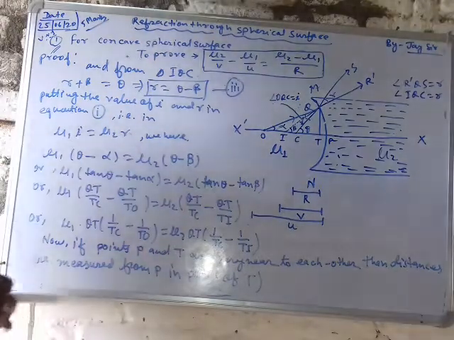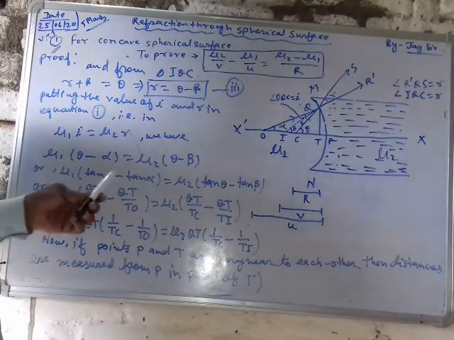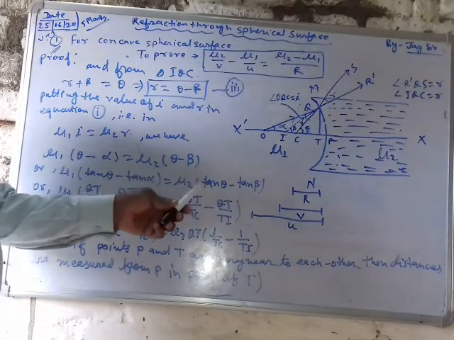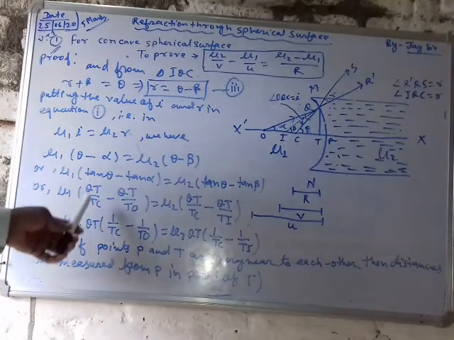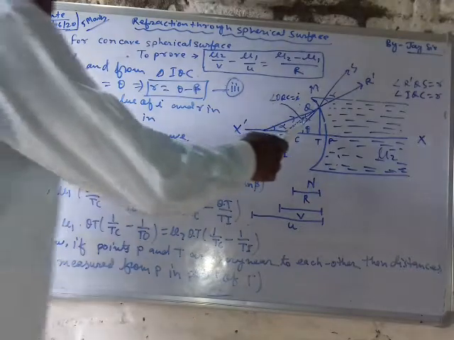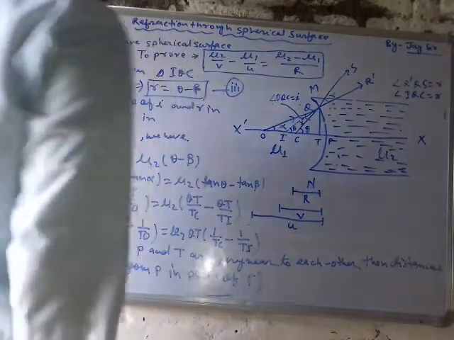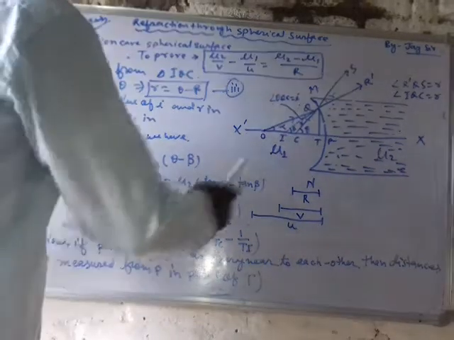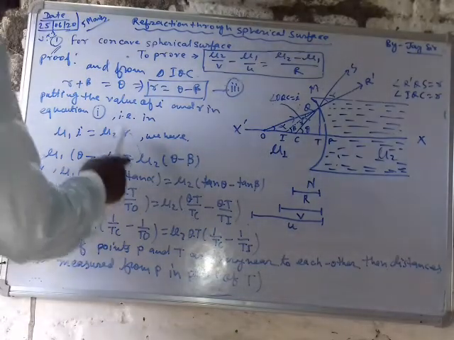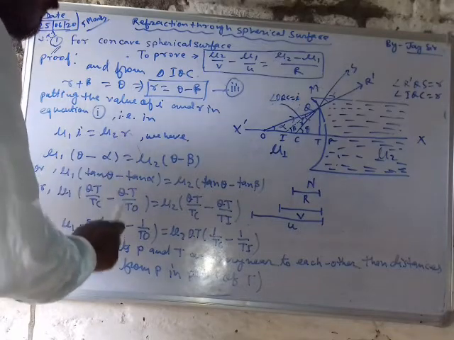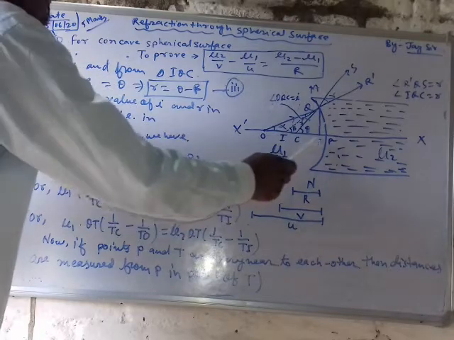Now we can write this equation in the form of mu1 (tan theta minus tan alpha) equal to mu2 (tan theta minus tan beta). Then tan theta equal to qt by tc, and tan alpha equal to qt by to.